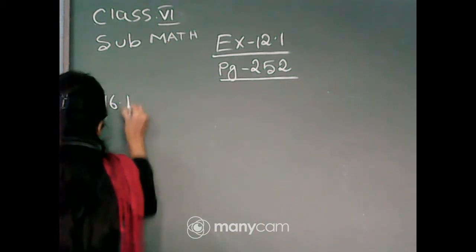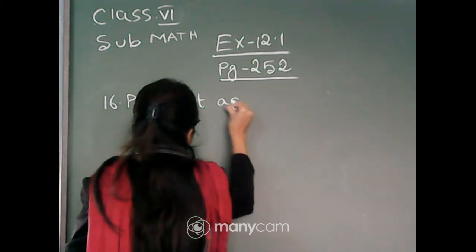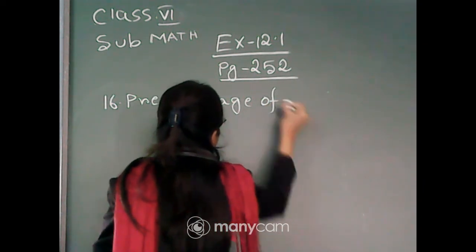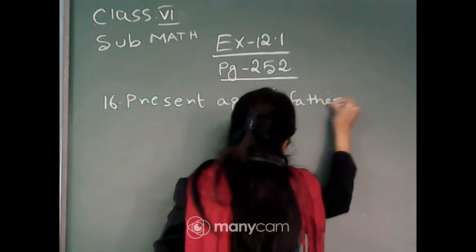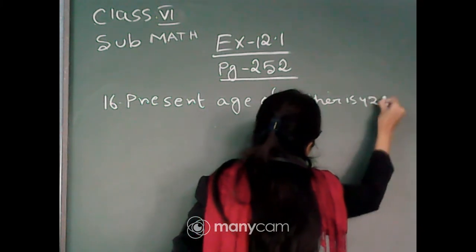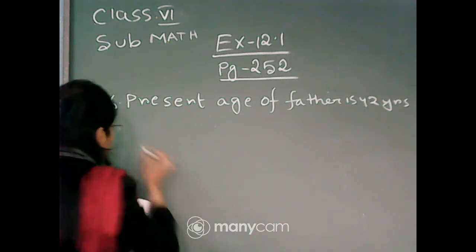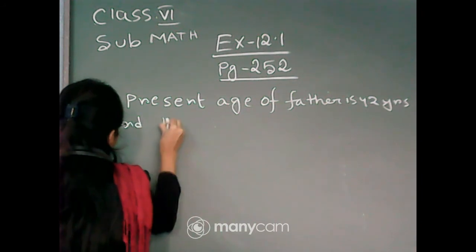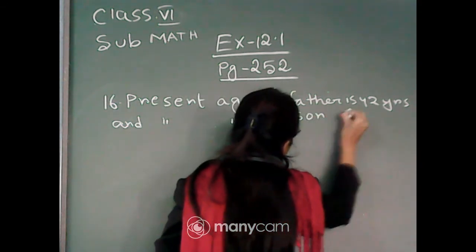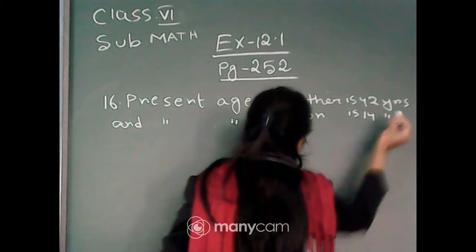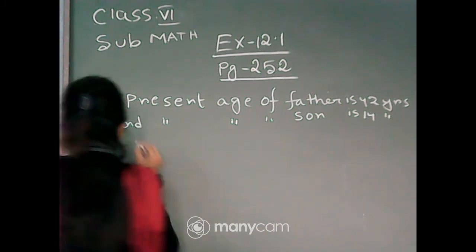Here it is given that present age of father is 42 years and present age of son is 14 years.